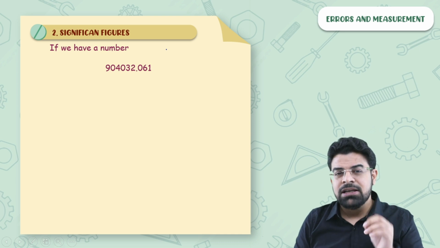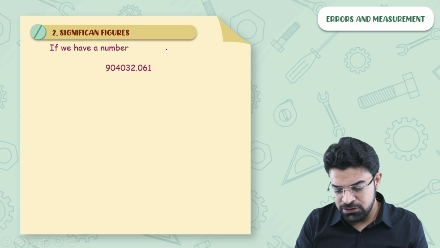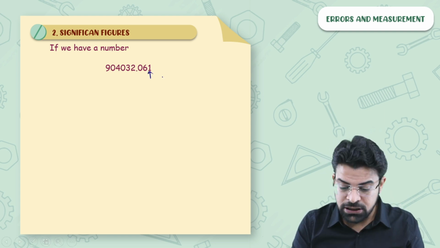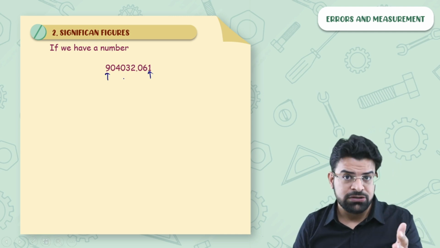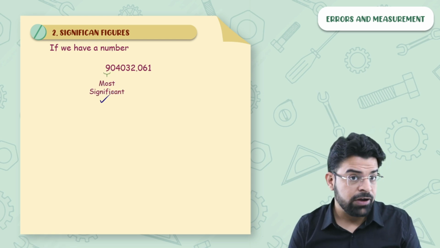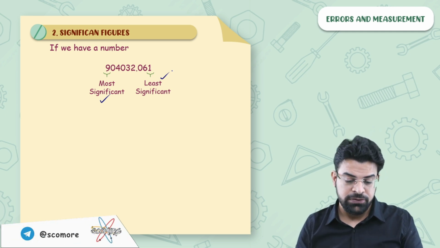Which digit can be wrong due to measurement? You'll say, sir, the last digit has the highest chance of being erroneous, and the first digit has the least chance of being erroneous, right? So the first digit is called the most significant digit and the last digit is called the least significant digit.